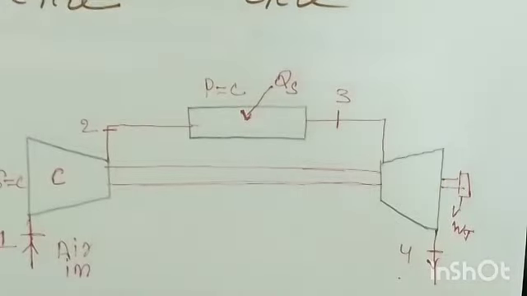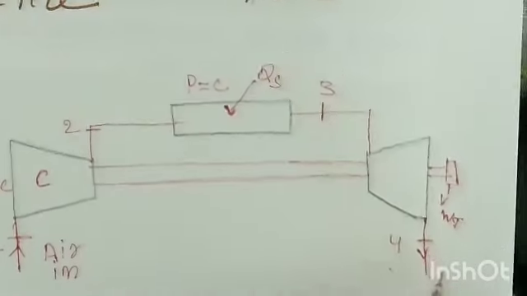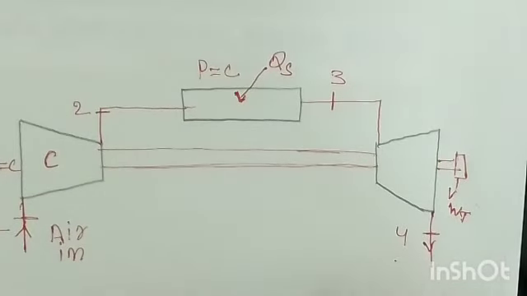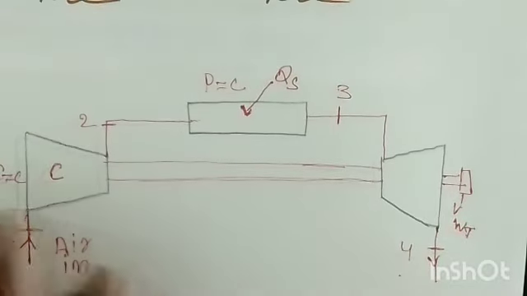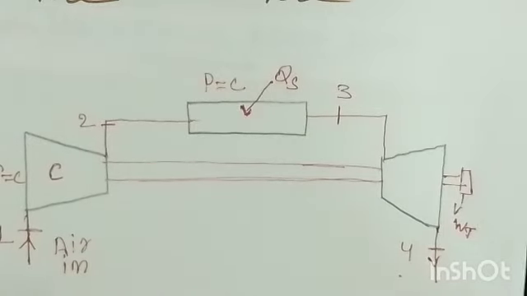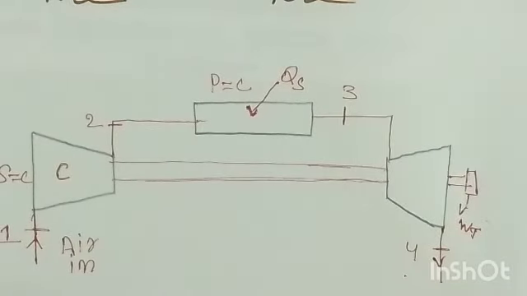If it is a closed cycle gas turbine, we have to send these gases back to the compressor, but before sending them, you have to use a heat exchanger. That is the case of the closed cycle gas turbine. So this is the working principle of any open cycle gas turbine, which works on the constant pressure cycle.